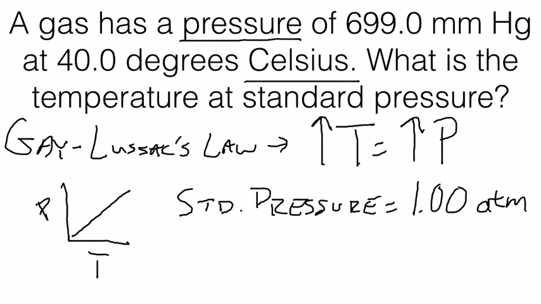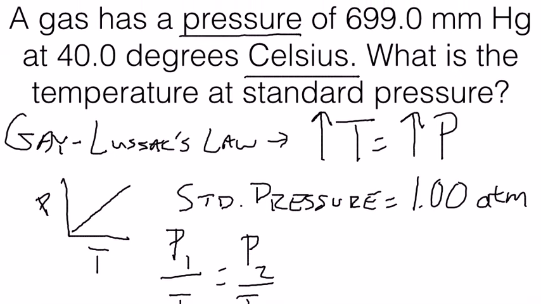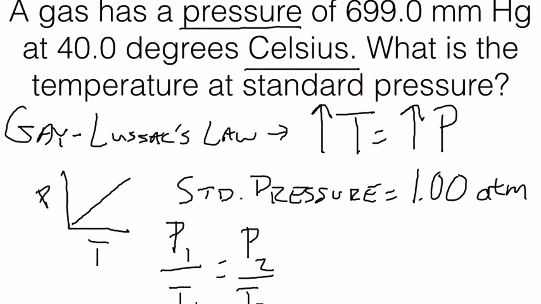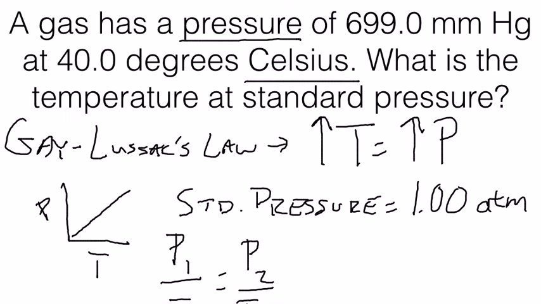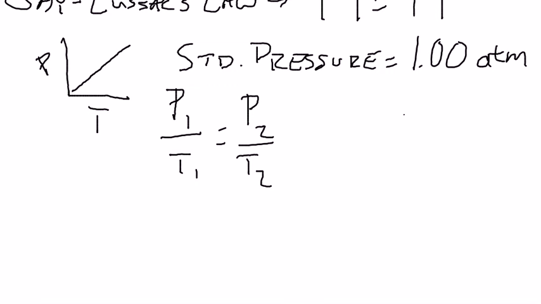Now, the formula for Gay-Lussac's law is P1 over T1 is equal to P2 over T2. In our problem, since we're calculating the final temperature, we need to convert this millimeters mercury into atmospheres.